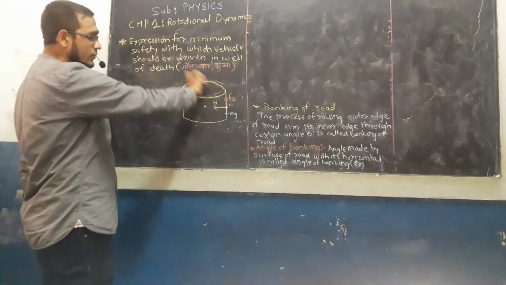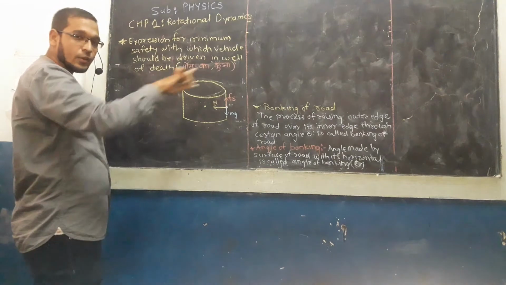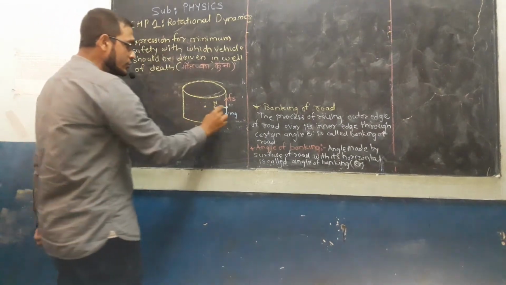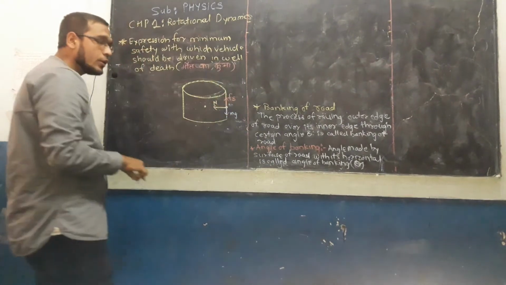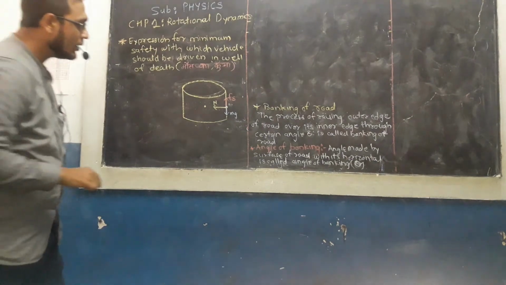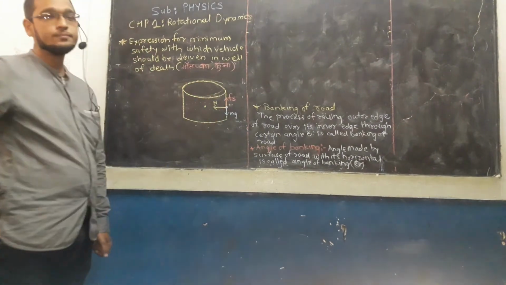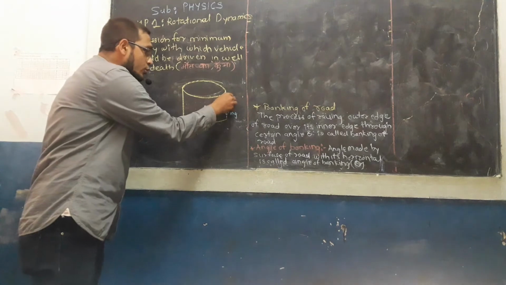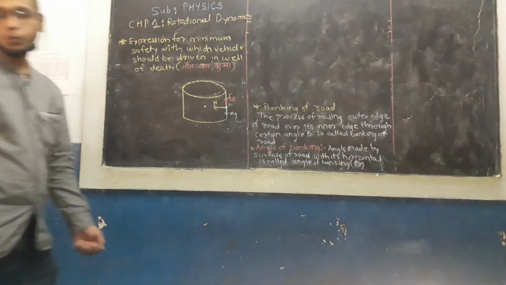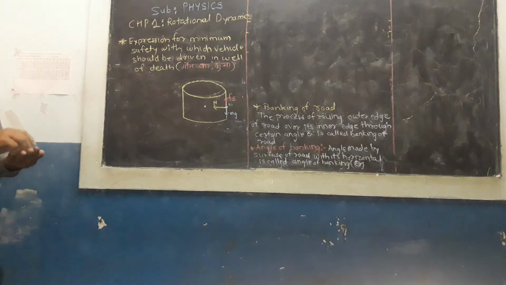So force of friction is always directed upward along the side of the wall, and the weight is always downward. So the force of friction balances the weight mg.